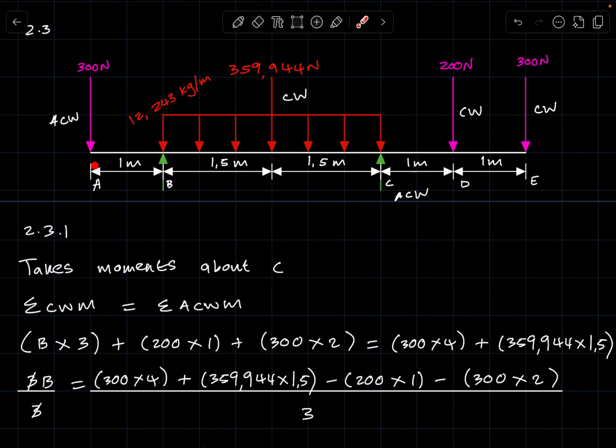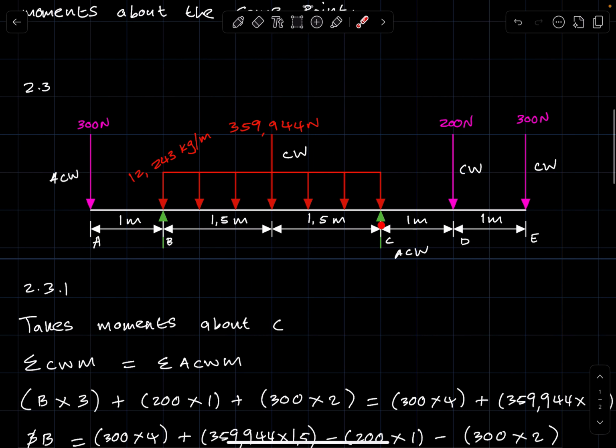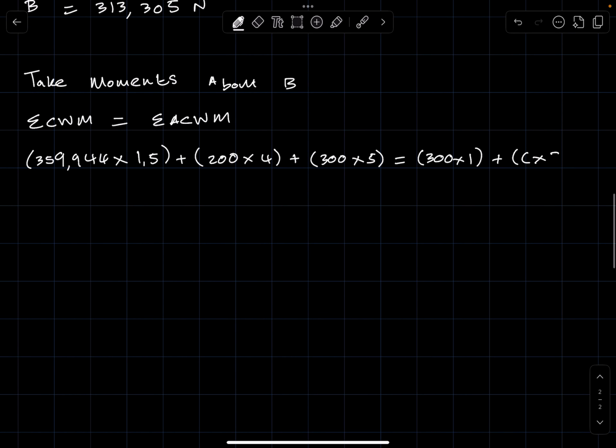That's this 300, that's 300 times 1. So here we have 300 times 1 plus reaction at C times the distance between C and where we are taking moments, that's 3 meters. So times 3. And then here we only have one unknown, which is what we're looking for.